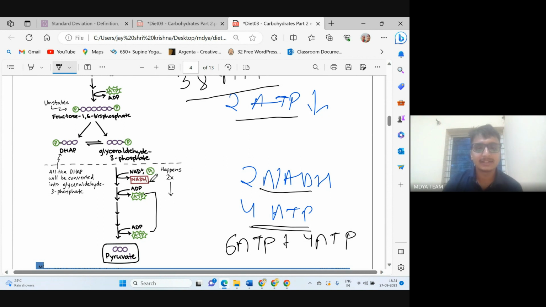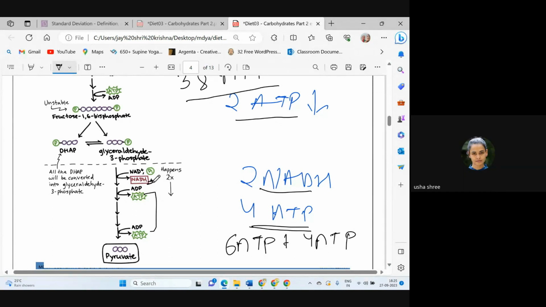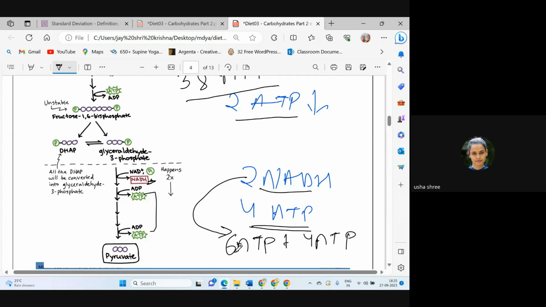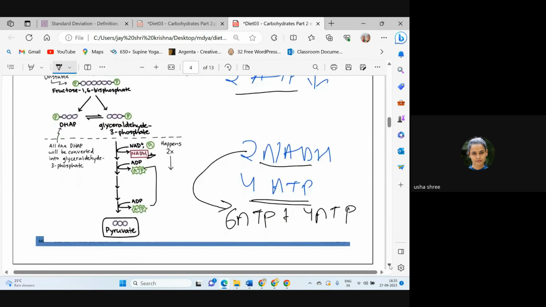NADH production is there now. From one molecule, one NADH is produced. So from 2 molecules, there will be production of 2 NADH. And these 2 NADH will produce 6 ATP. So one molecule of NADH produces 3 molecules of ATP.